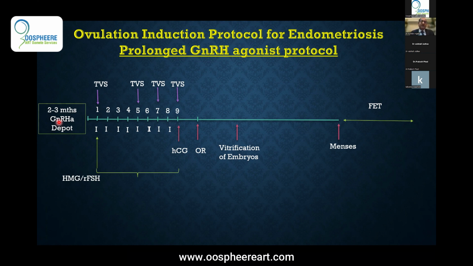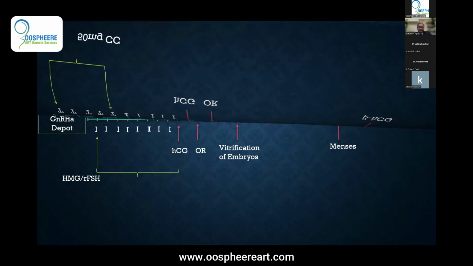But this used to be a good protocol in the last decade for severe endometriotic patients. But nowadays, the recent ESHRE guidelines in 2023 say it has no added advantage in terms of live birth rate. So they have recommended that please don't do this prolonged GnRH agonist protocol. You either go with the day 21 long agonist protocol or the antagonist protocol in endometriosis patients. That will be sufficient.